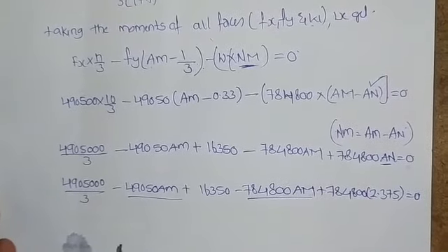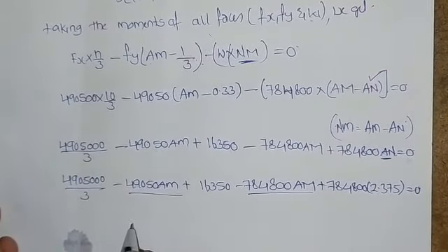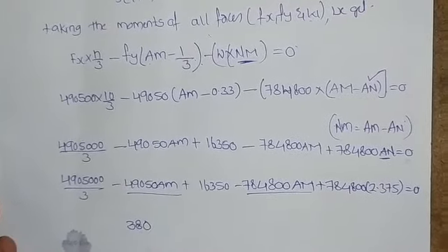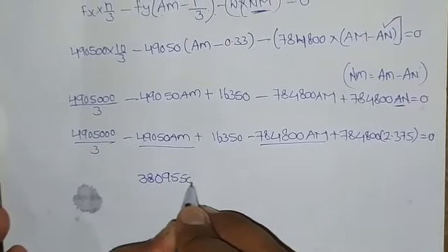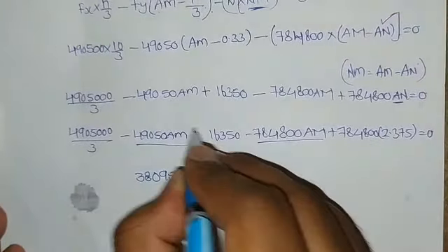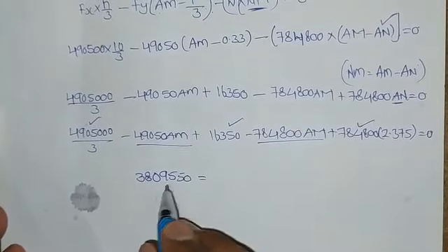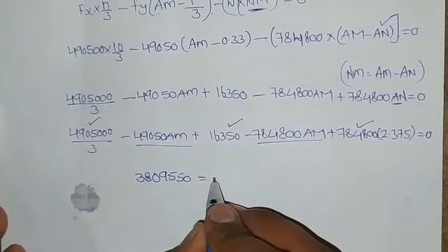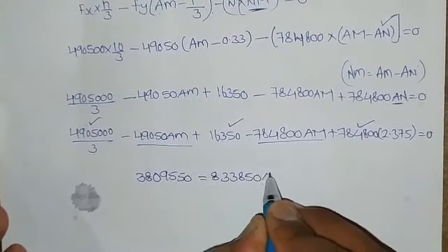Combine these terms, and combine these remaining terms. The equation will become 380,950 by combining these three terms, 490, 16350 and this term. And by combining these two terms, 833,850 AM.